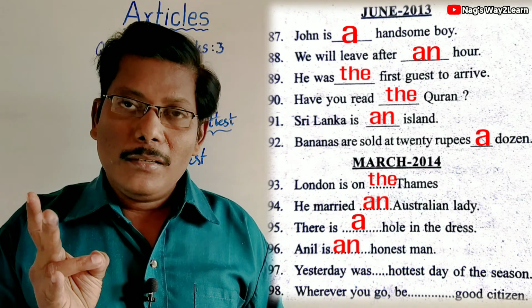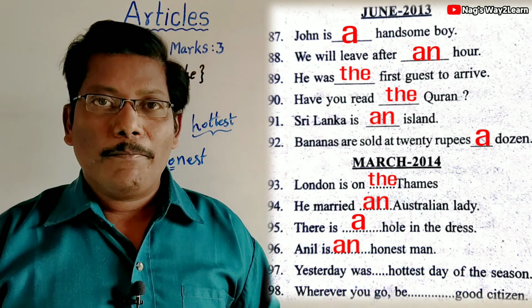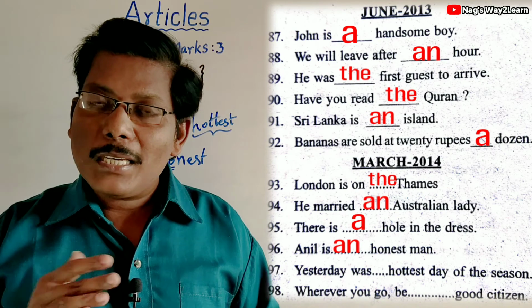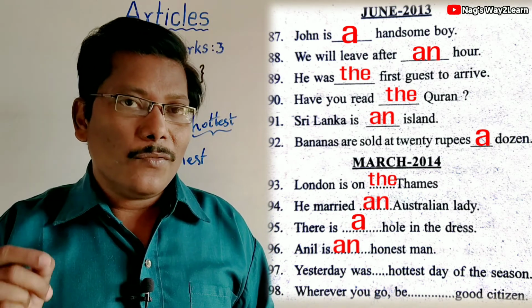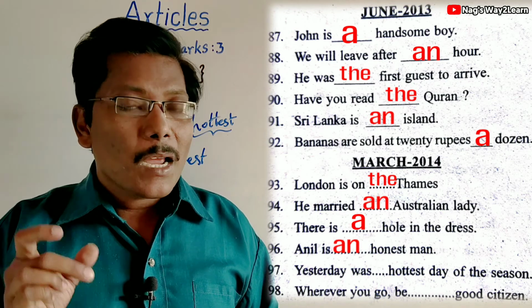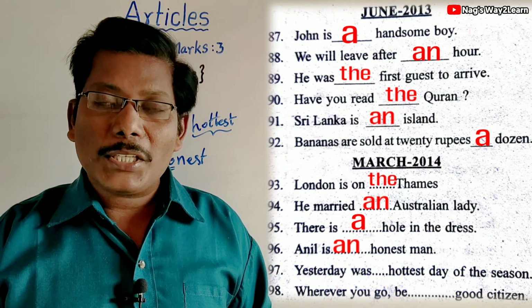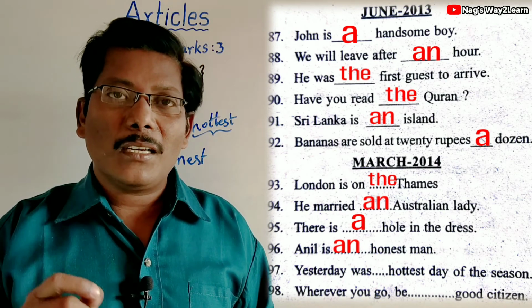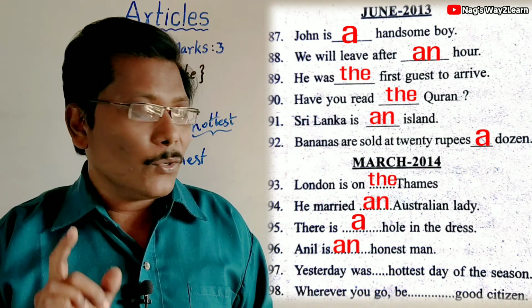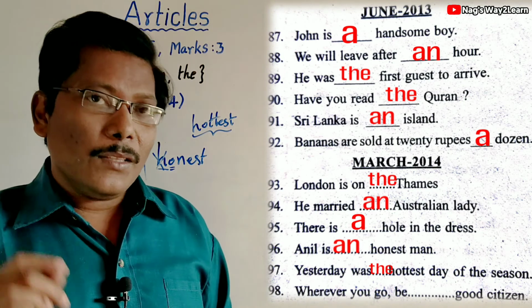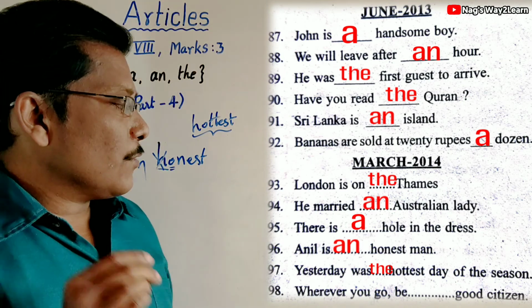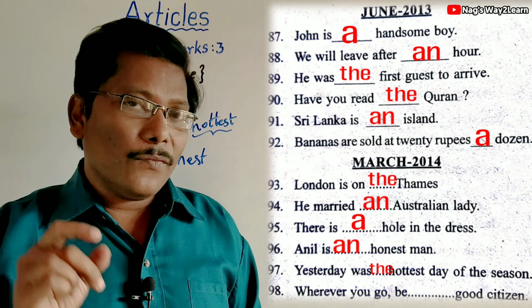Example: hot, hotter, hottest; big, bigger, biggest; small, smaller, smallest. The third form is called superlative degree, and before superlative degrees we must use the definite article the. So therefore here the article is the hottest. So yesterday was the hottest day of the season.